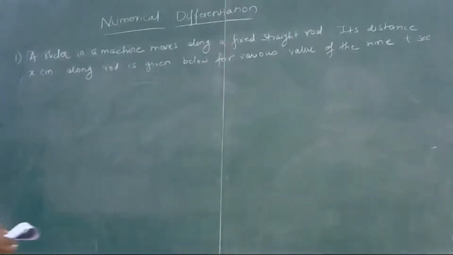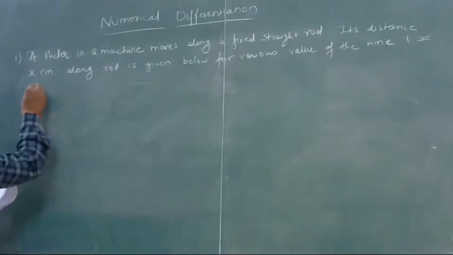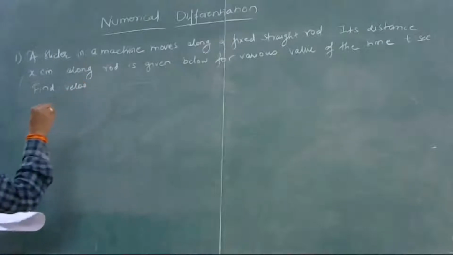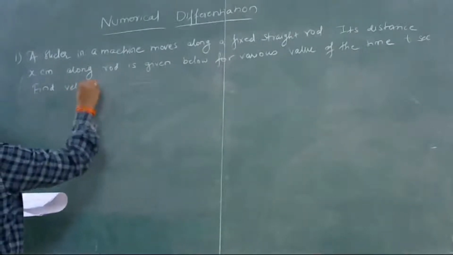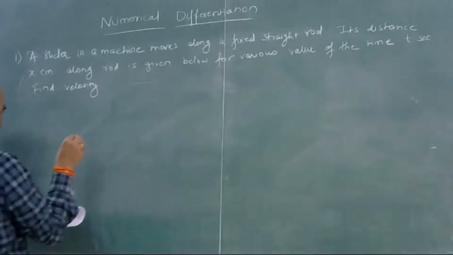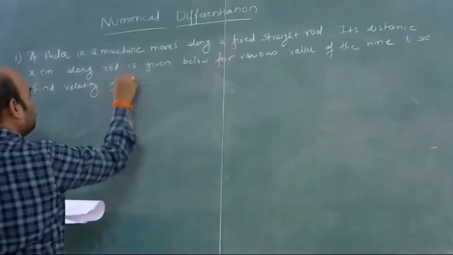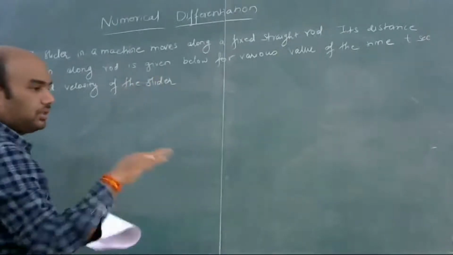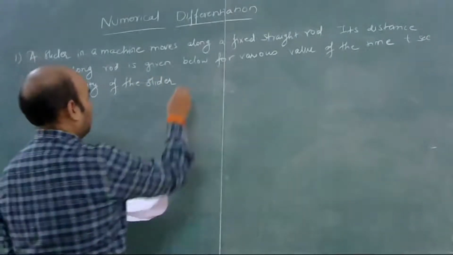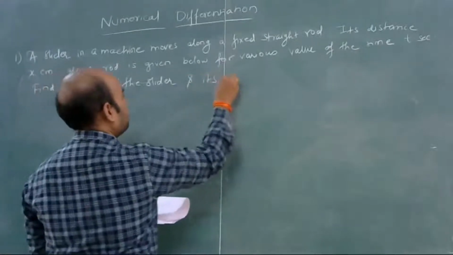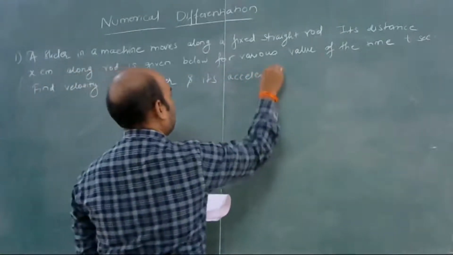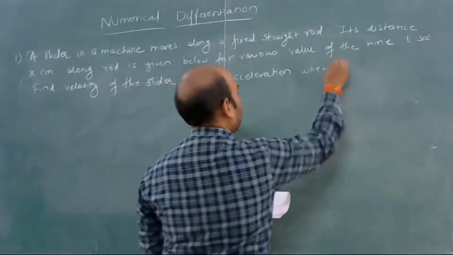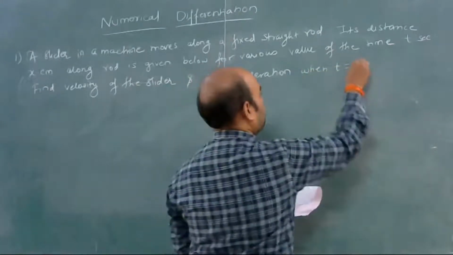Okay, so find the velocity of the slider. So there is a slider which moves along the fixed rod, okay, and its acceleration when t is equal to 0.3.